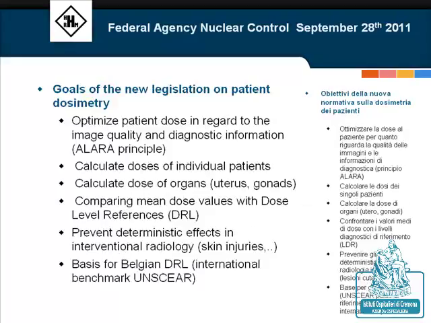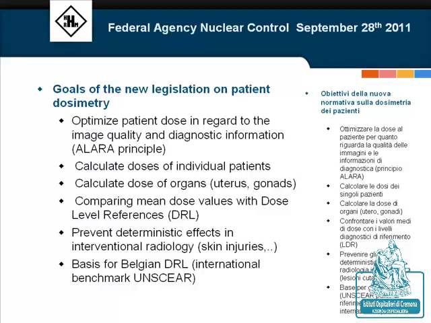The goals are, of course, to optimize the patient dose in regard to the image quality, because that's the definition of our job as a physicist, and also to calculate doses of individual patients, dose of organs, uterus and gonads, comparing them with a kind of reference, which they call in English dose reference level.